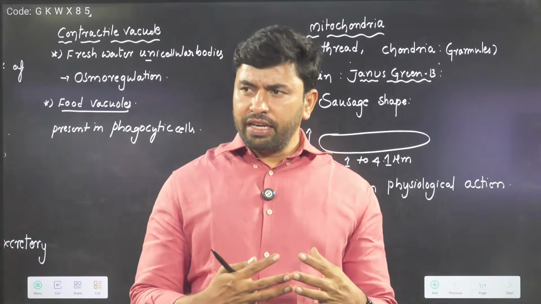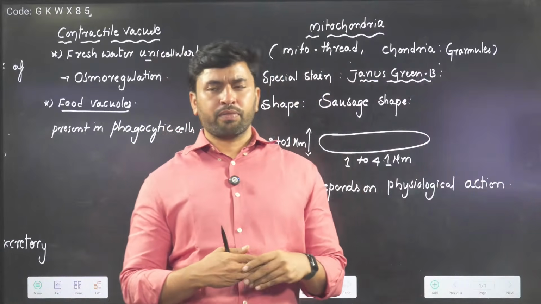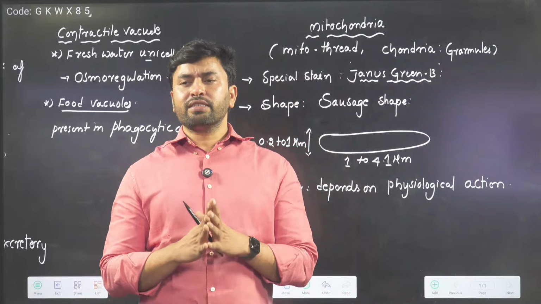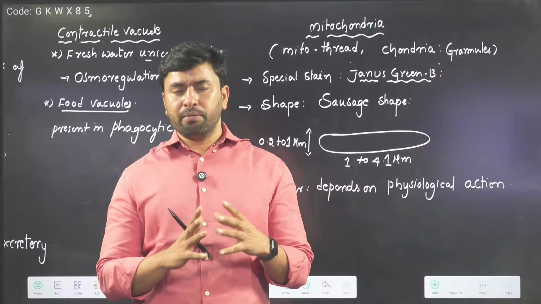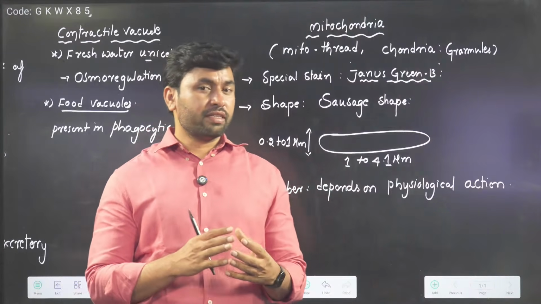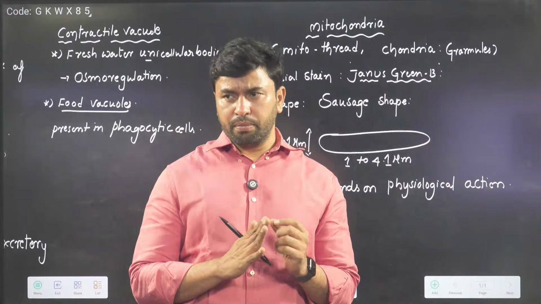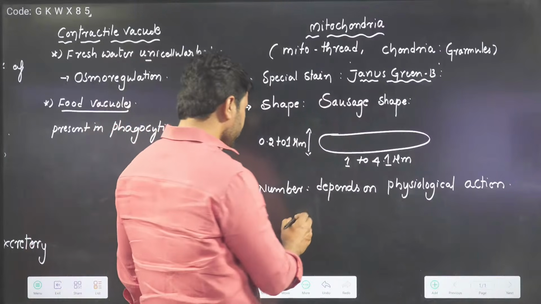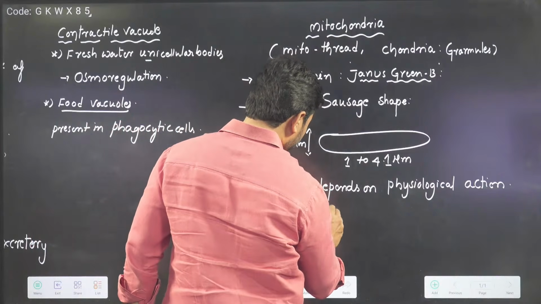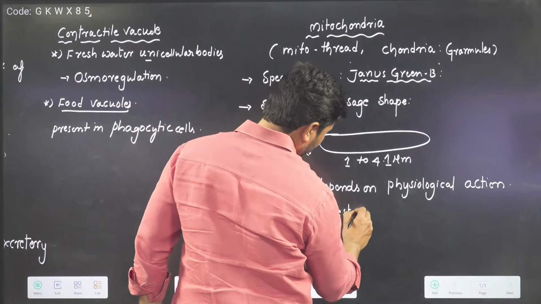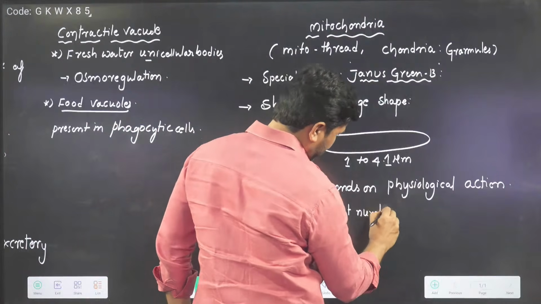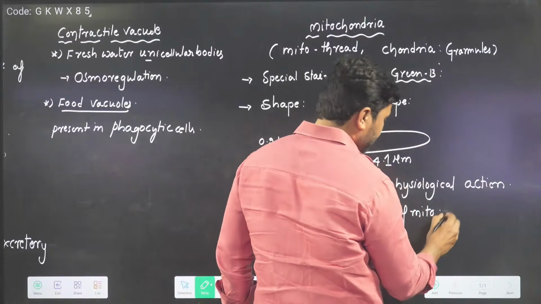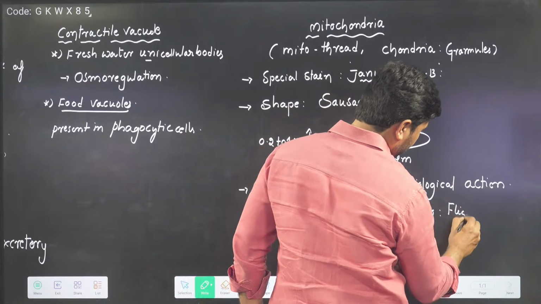If a cell is highly active in its metabolism, the cell might have more mitochondria. If the cell is metabolically inactive, then the cell will have very few mitochondria. Simple: the more the mitochondria, the more active the cell is. That's why the highest number of mitochondria can be seen in the flight muscles of birds.